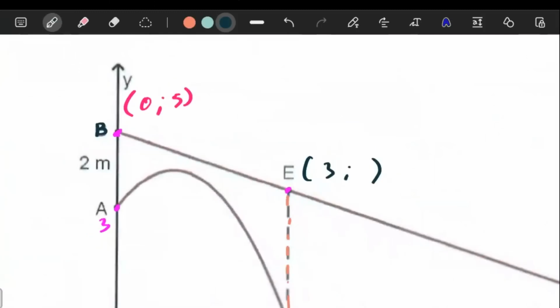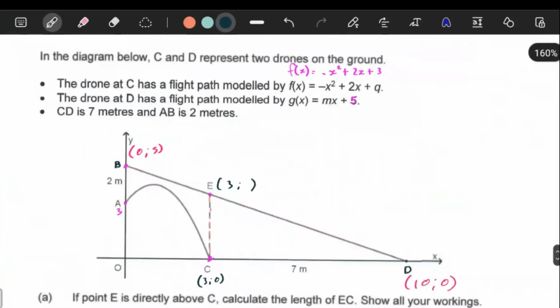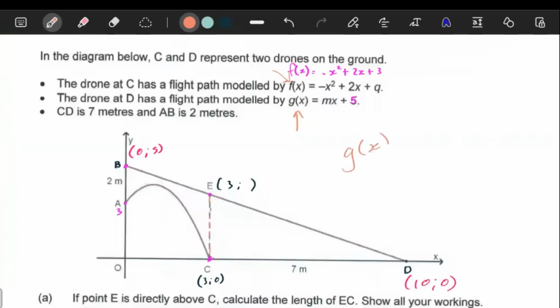The way we're going to find it is we compare the y values of our graph of G with the y values of our graph of F. The distance here will always just be the y values of G minus the y values of F. That's the distance they're talking about.